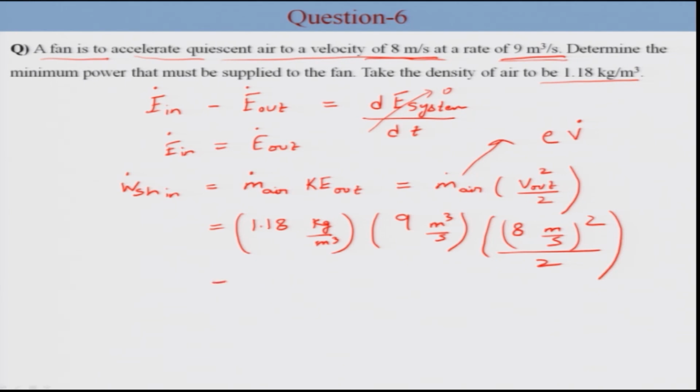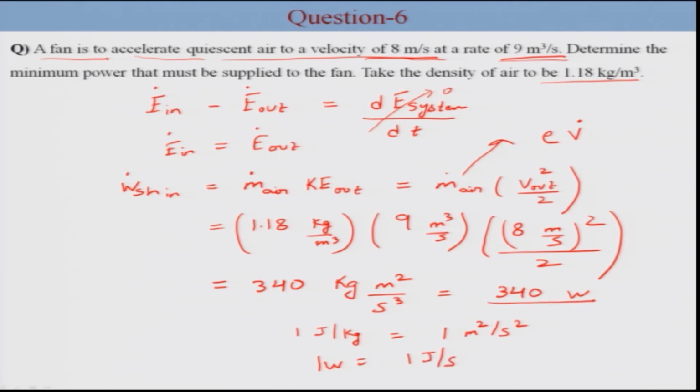So, this comes out to be 340 kg meter square per second cube, which is equivalent to 340 watt. As 1 joule per kg is equivalent to 1 meter square per second square and 1 watt is 1 joule per second. This is the minimum power required if there are no heat losses.